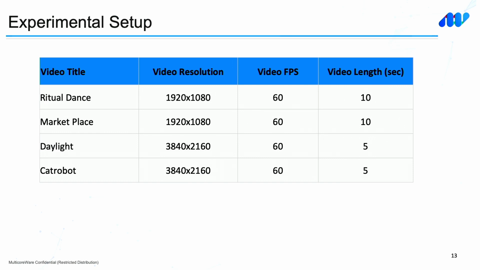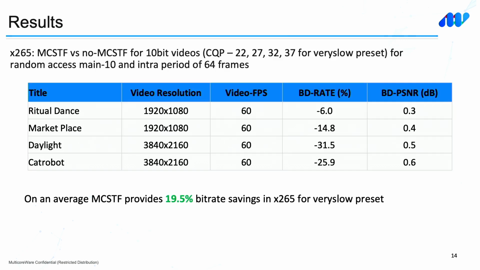We conducted another set of experiments using both 1080p and 4K sequences, 60 FPS. This is mainly to compare the relative gain that we see in X265 and the relative gain that was observed in HM. So in X265, with and without MCSTF, for 4 different CQP values, 22, 27, 32, 37, for the very slow preset, on average we were able to observe around 19.5% bitrate savings.